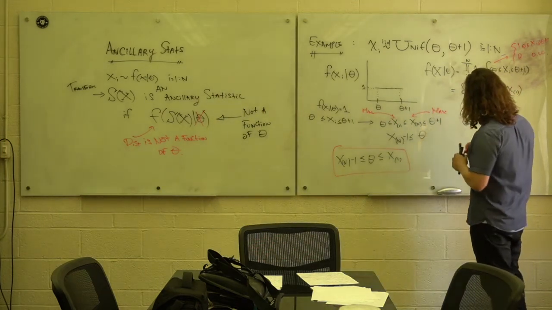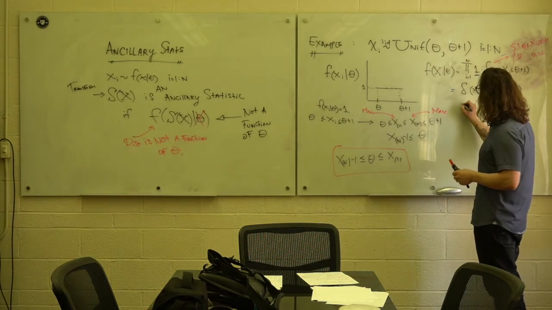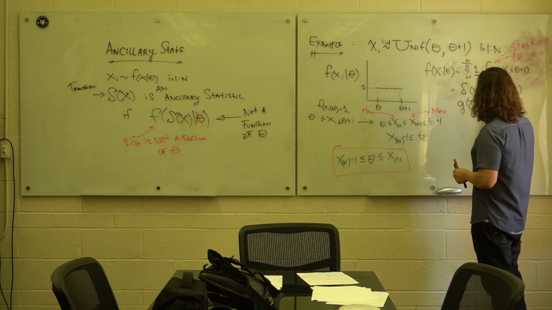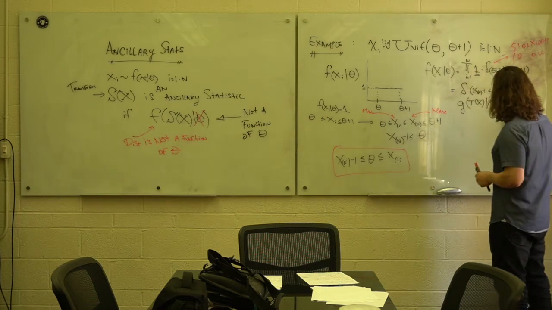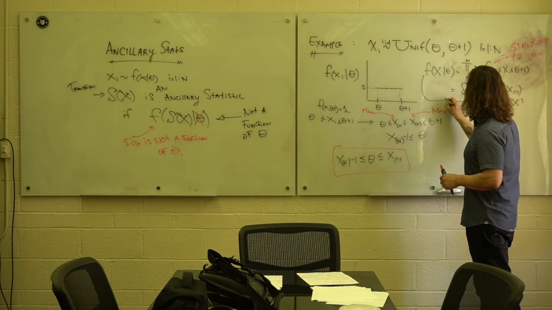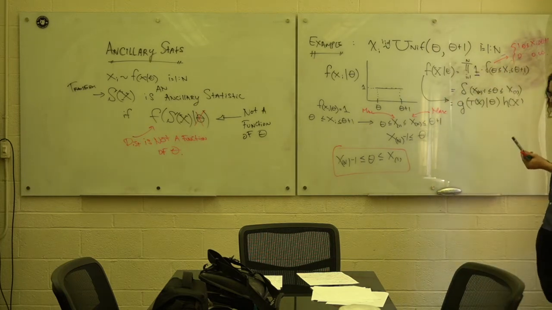So the question is, in the factorization theorem, what is g? g of T(x) given theta times h(x). So this thing is equal to this by the factorization theorem, where T(x) is sufficient. Where's the sufficient statistic?